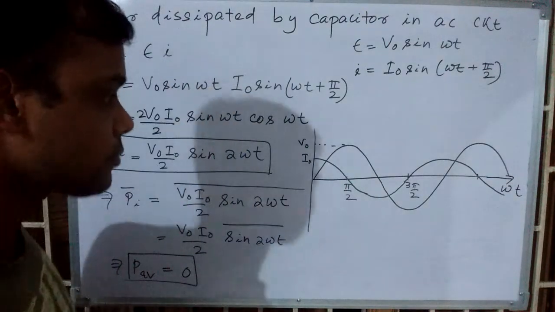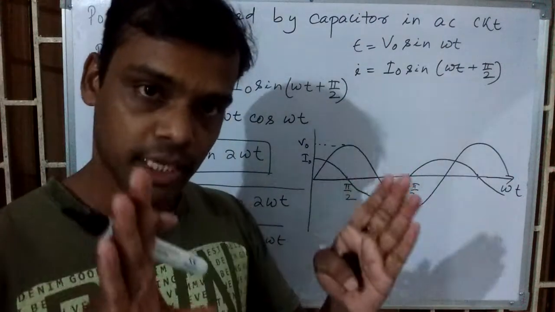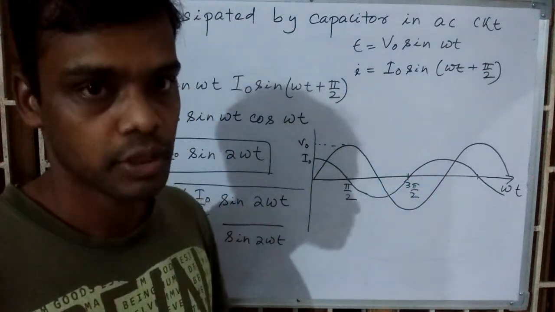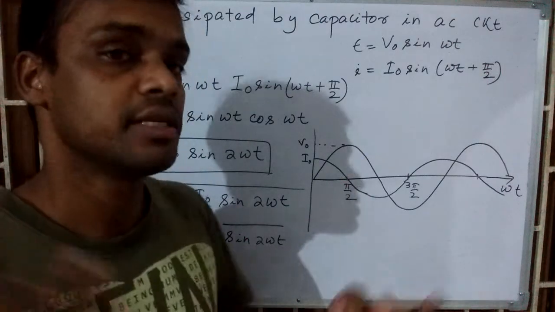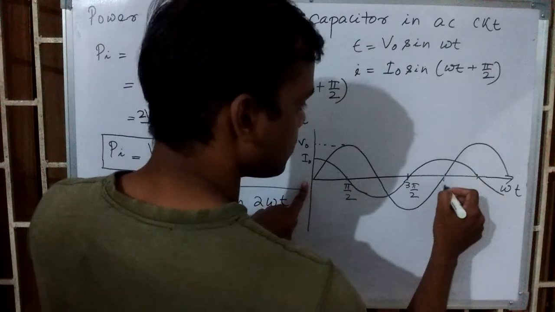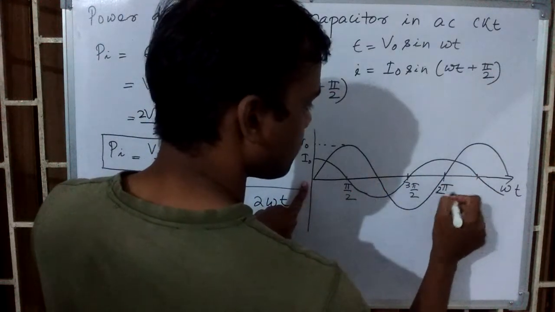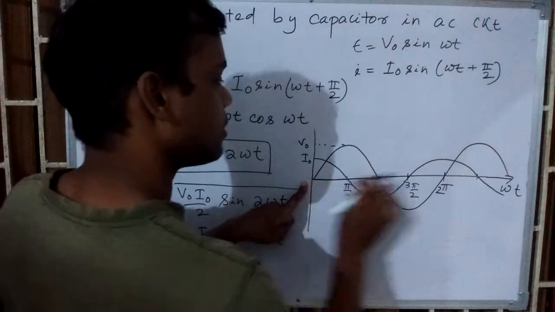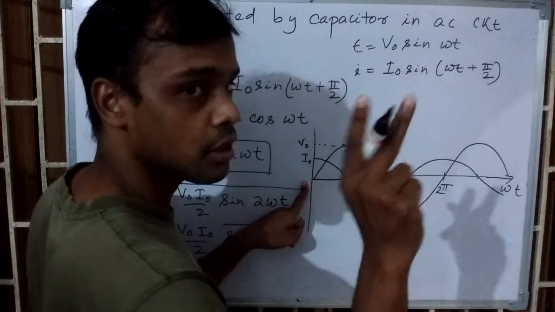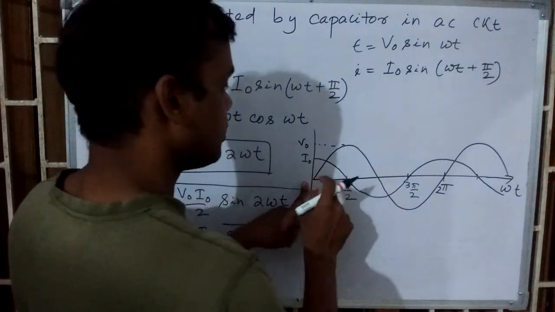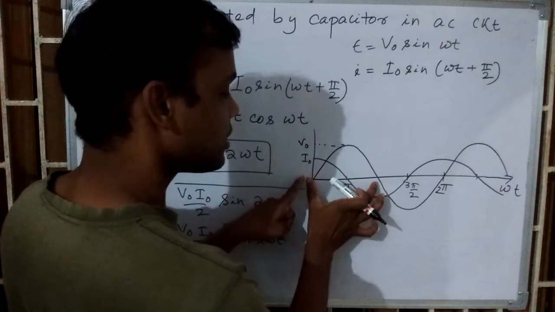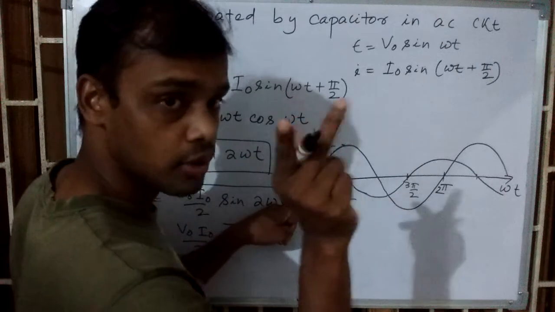That means within one waveform of voltage or current there will be two waves of power, because frequency is double or time period is half. So from this point to this point there is a complete cycle, 2 pi, and within this cycle there will be two waves of power. Within this half wave of voltage there will be one wave of power.